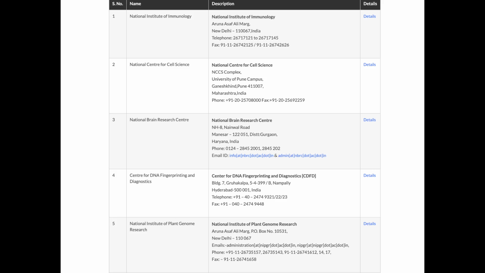And here are some DBT funded institutions, like the National Institute of Immunology. If you are interested in immunological studies, then you can apply for a PhD in this institution.